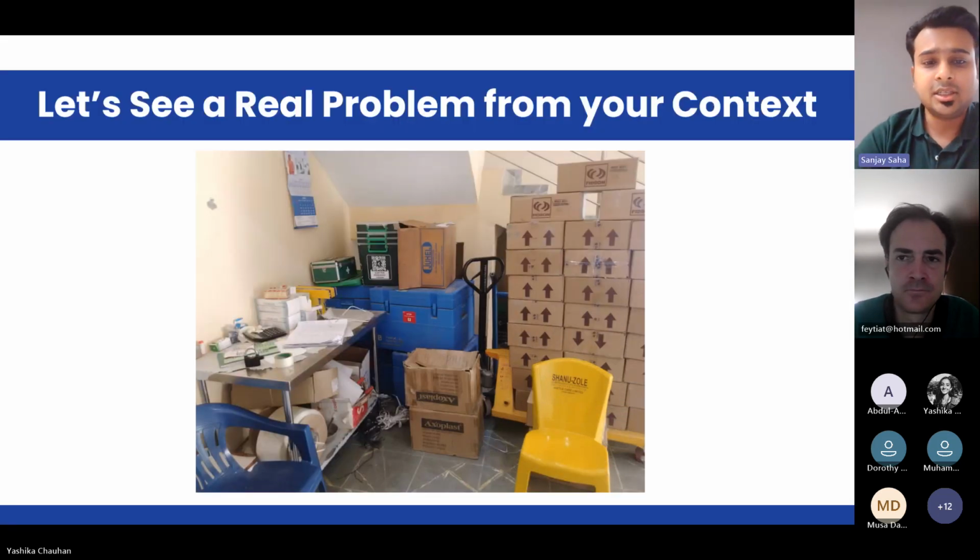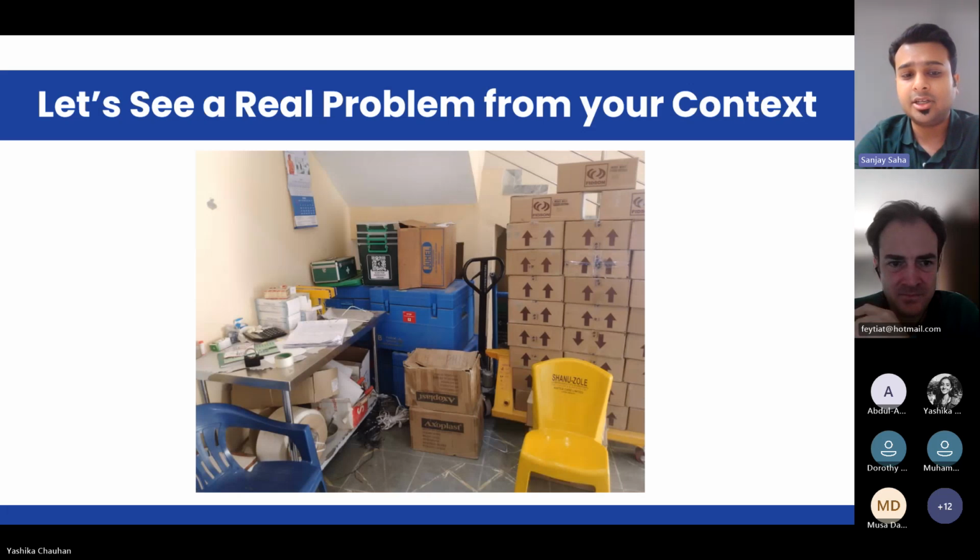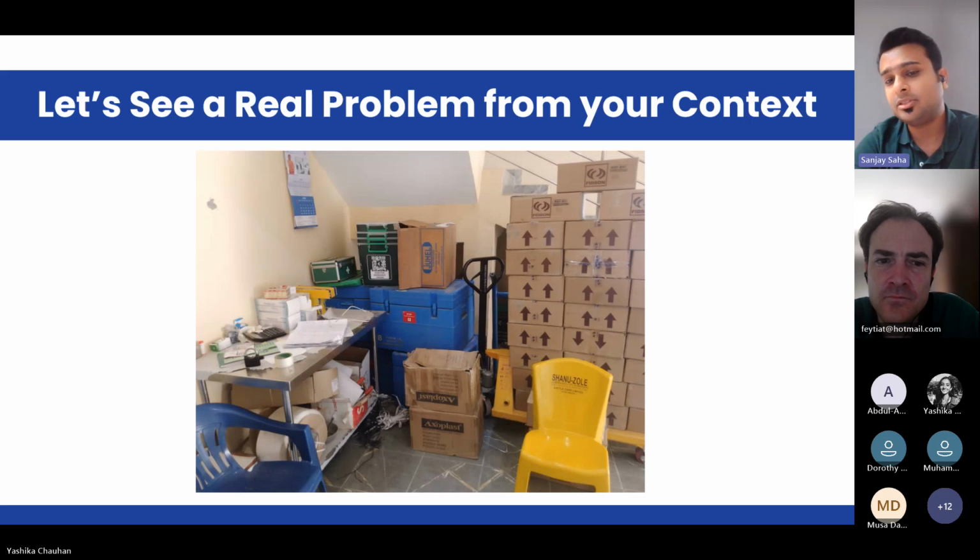So it's again a very similar kind of example, but I think this is a health facility. This is not a store. This is not a warehouse. This is a facility where you see certain chairs. I think one chair is for a nurse or a pharmacist, and then one is probably for a patient, or I don't know. Maybe it's a small store where a pharmacist picks, packs small items and sends it for dispensing.